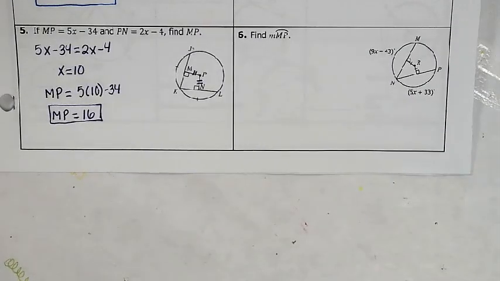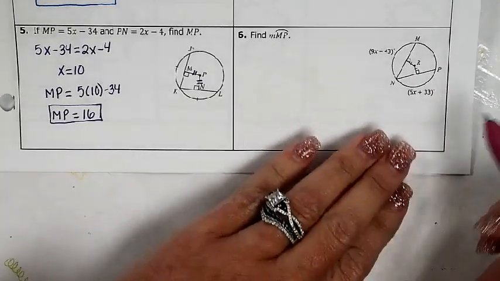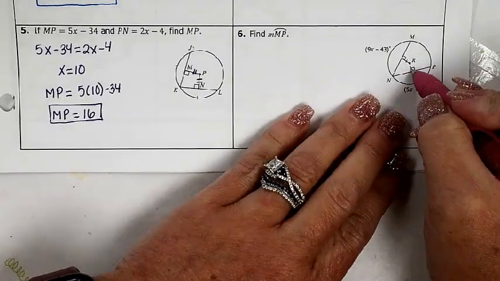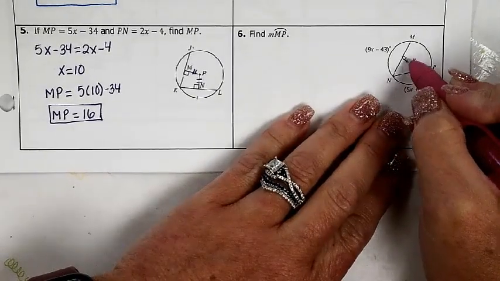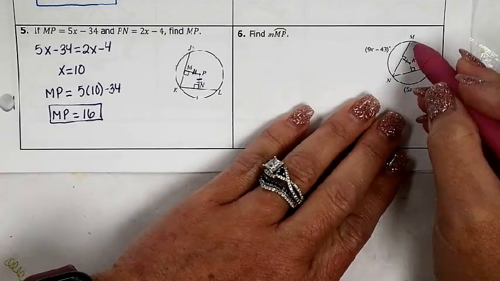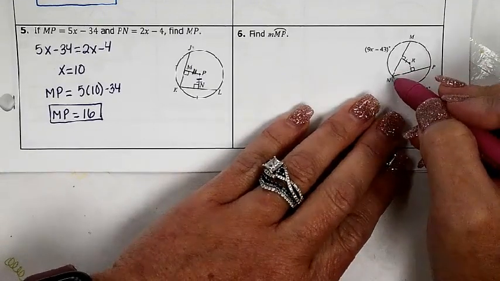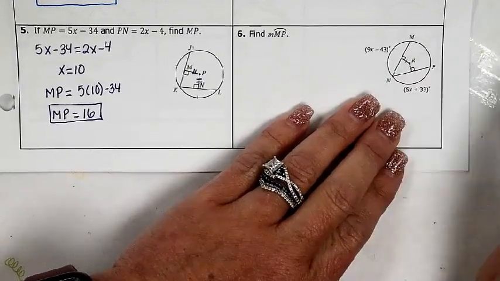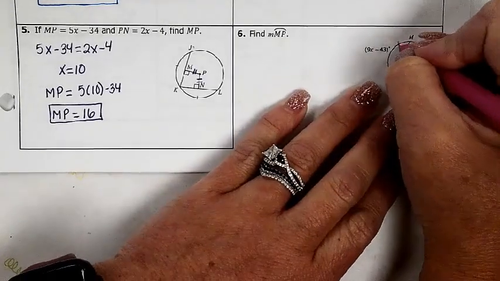All right, last example with congruent chords and arcs. We want to find the measure of arc MP. So if I look here, these two are congruent and perpendicular. That means that these two chords, MN and PN, are congruent, which means these two arcs are congruent.